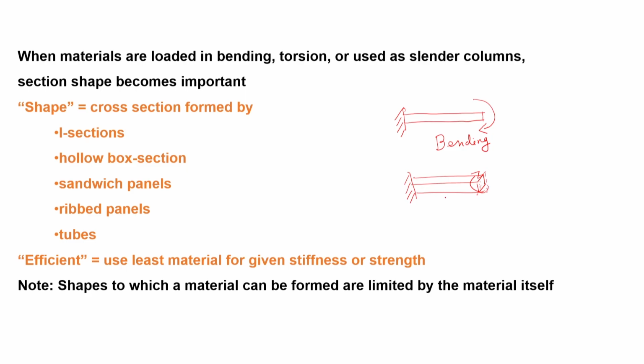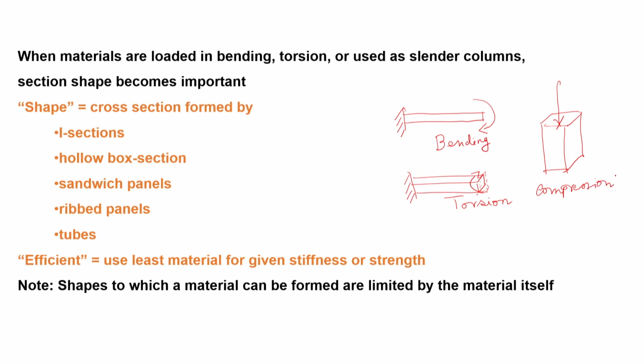So, that is the torsional part. Shape becomes important here, we will very soon see. And also a system, maybe it is subjected to compressive load. So, that is the compression. Shape becomes important here also.